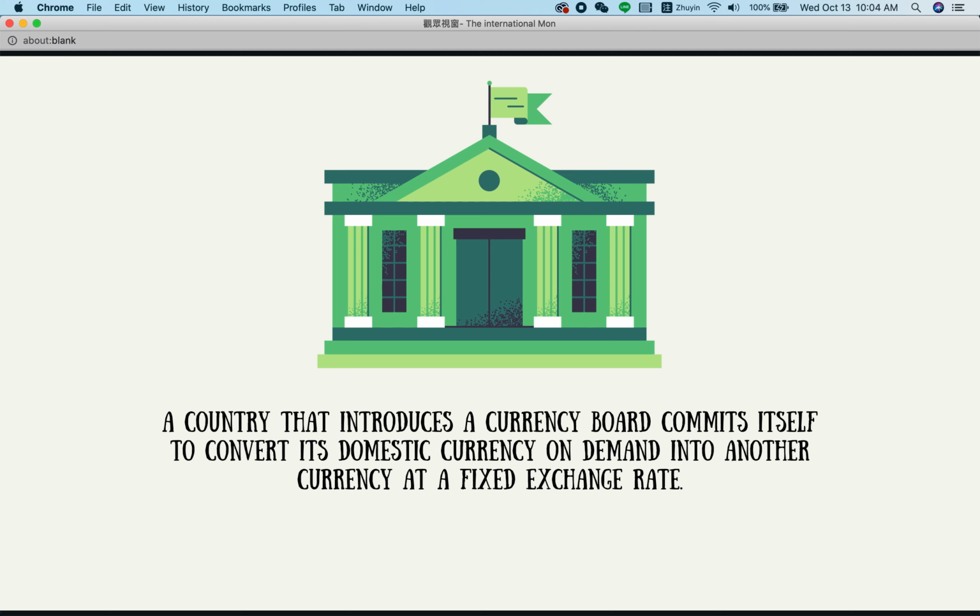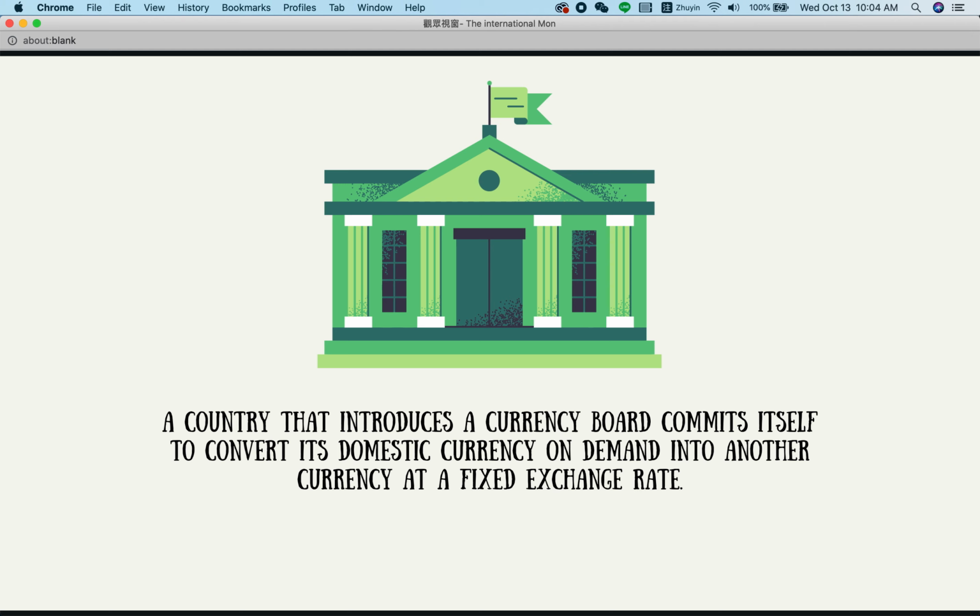A country that introduced a currency board commits itself to convert its domestic currency on demand into another currency at a fixed exchange rate. To make this commitment credible, the currency board holds reserves of foreign currency at the fixed exchange rate to at least 100% of the domestic currency issued.